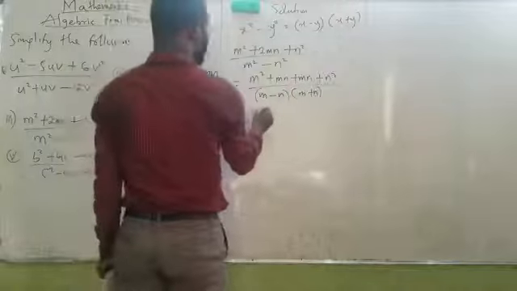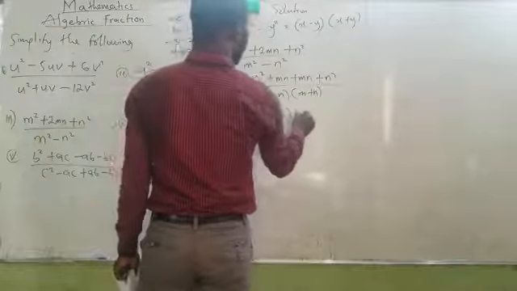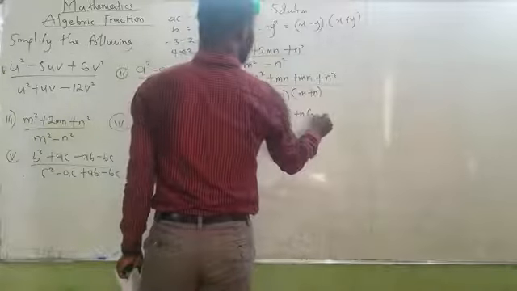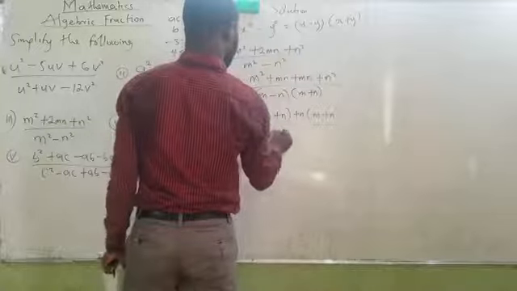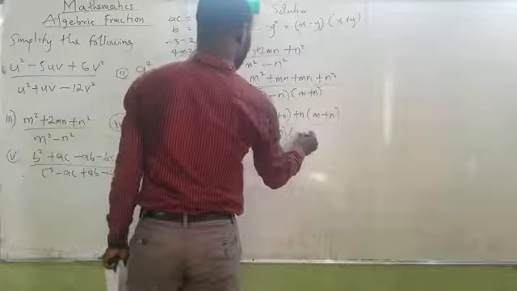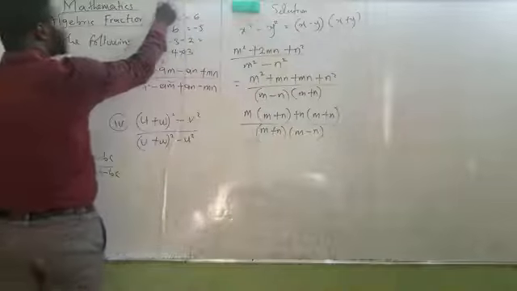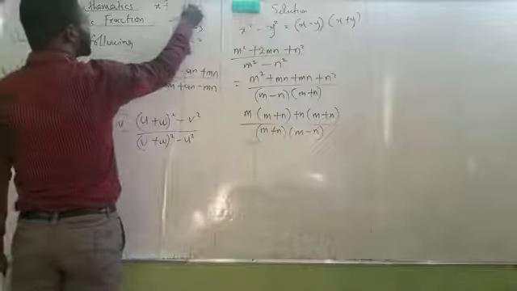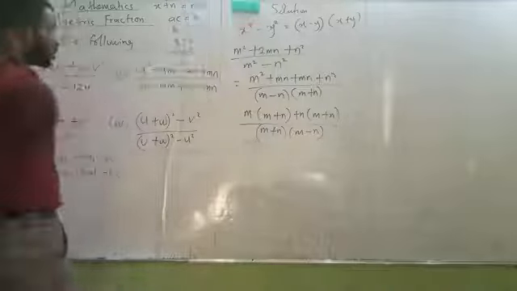Now, I have m bracket of m plus n, and I have plus n bracket of m plus n divided by what? m plus n, m minus n. Now, don't forget that if I have x plus n, it can also be written as n plus x. But if it is minus, the story will change.